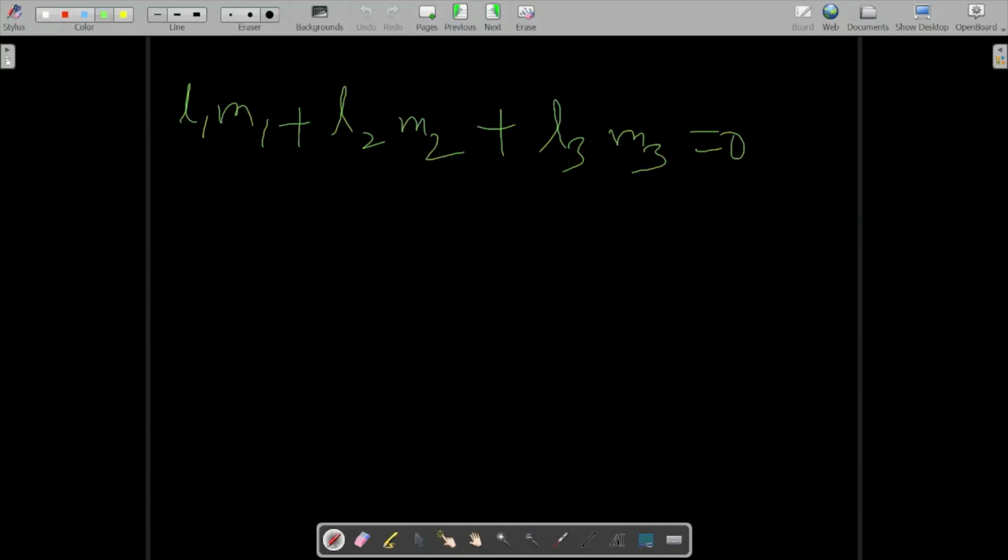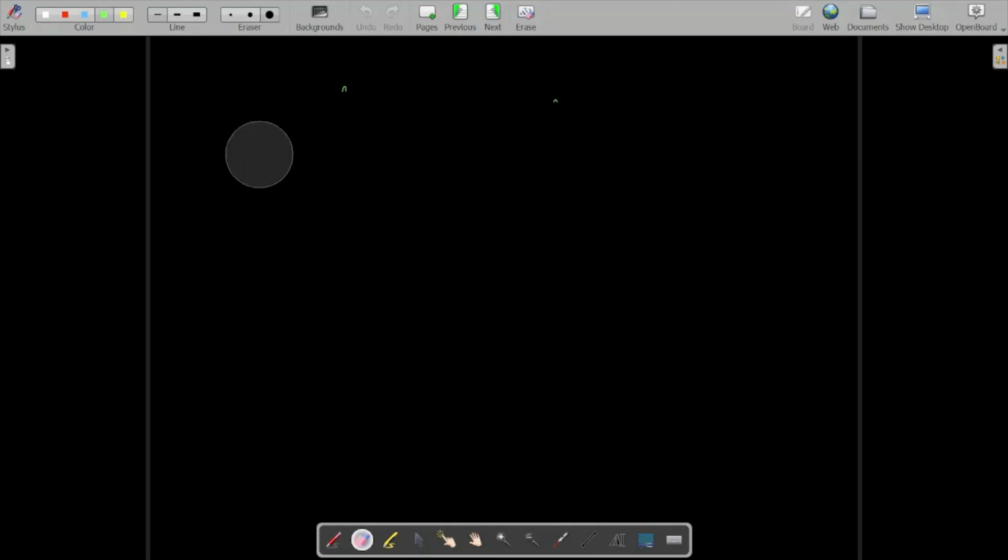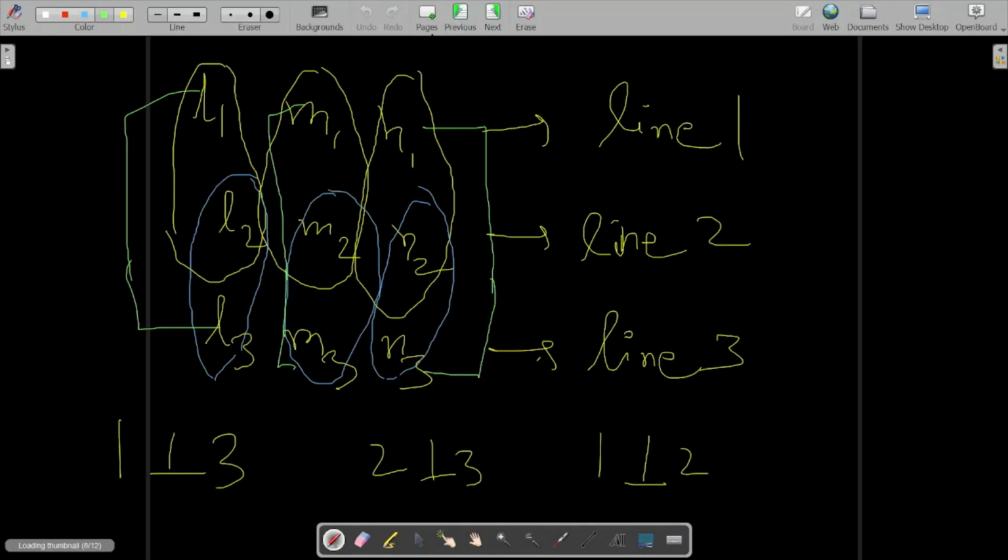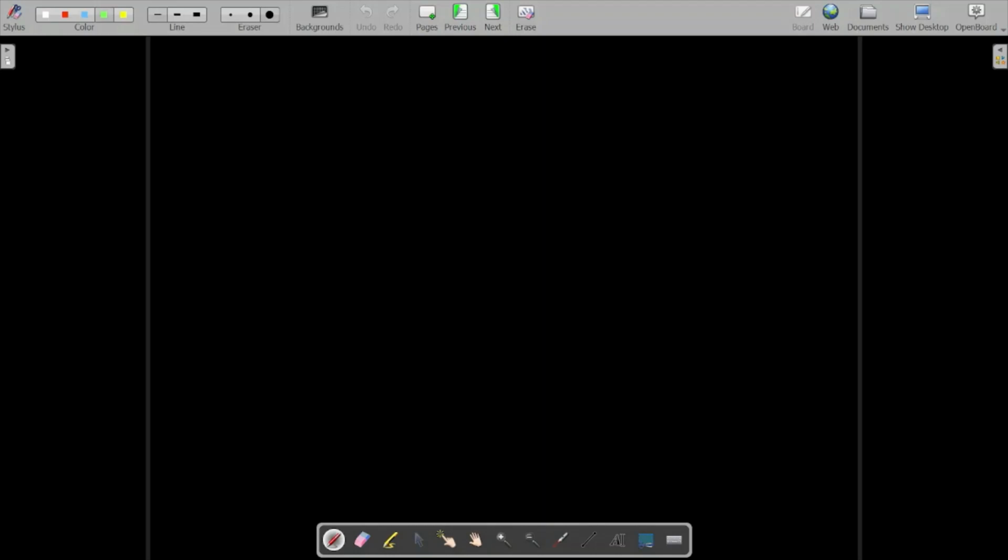So from here you will write the equations like this. Okay, this is a different condition. Leave this for right now. But look at this condition: L1 L2 plus M1 M2 plus N1 N2.